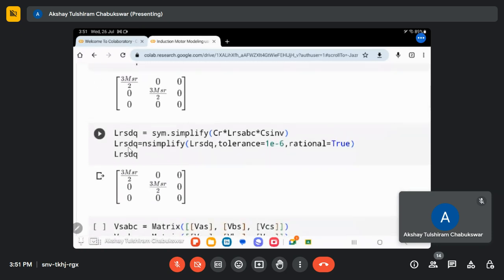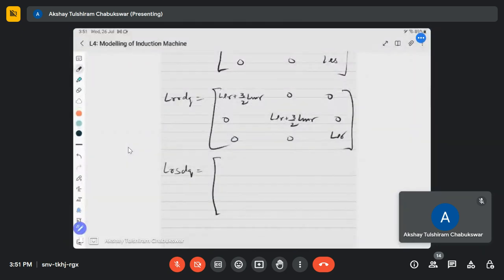It is this. Both are equal. LSR and LRS both are equal to 3 by 2 MSR 0 0 0 3 by 2 MSR 0 0 0 0.